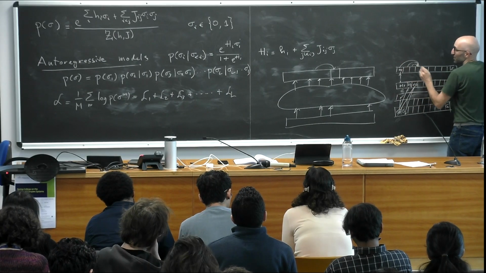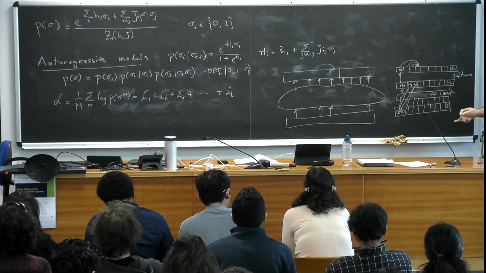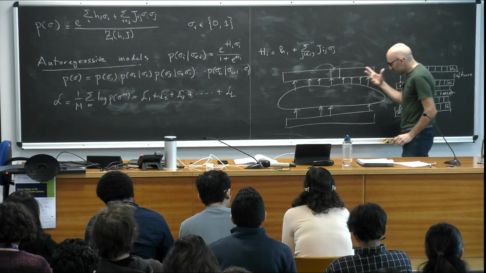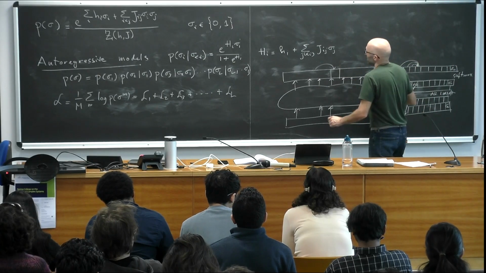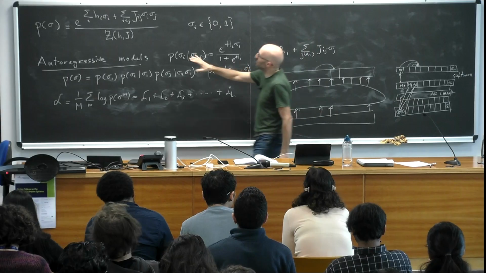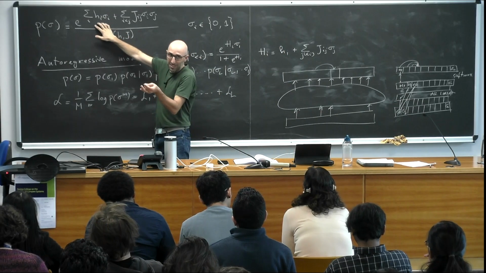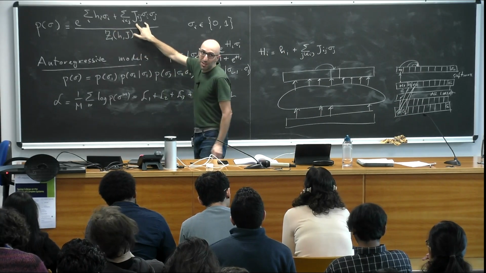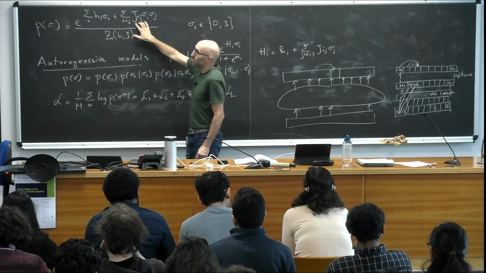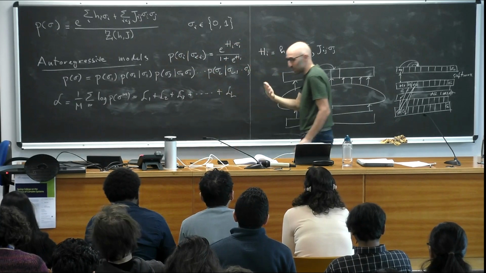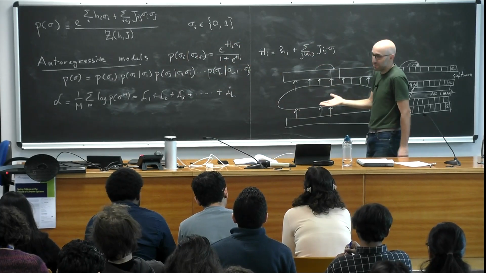The number of parameters, however, is the same. I mean, if you do Boltzmann learning, you always have L fields, and then how many couplings you have. If you do Boltzmann learning, the couplings are symmetric, so you have L times L minus 1 over 2, and also mean field.